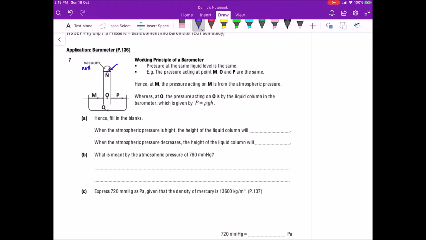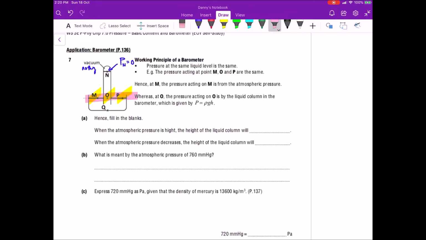Basically vacuum is nothing. So the pressure at N is equal to 0. How about the pressure at M, O, and P? Well, since they are on the same liquid level, they will be the same.